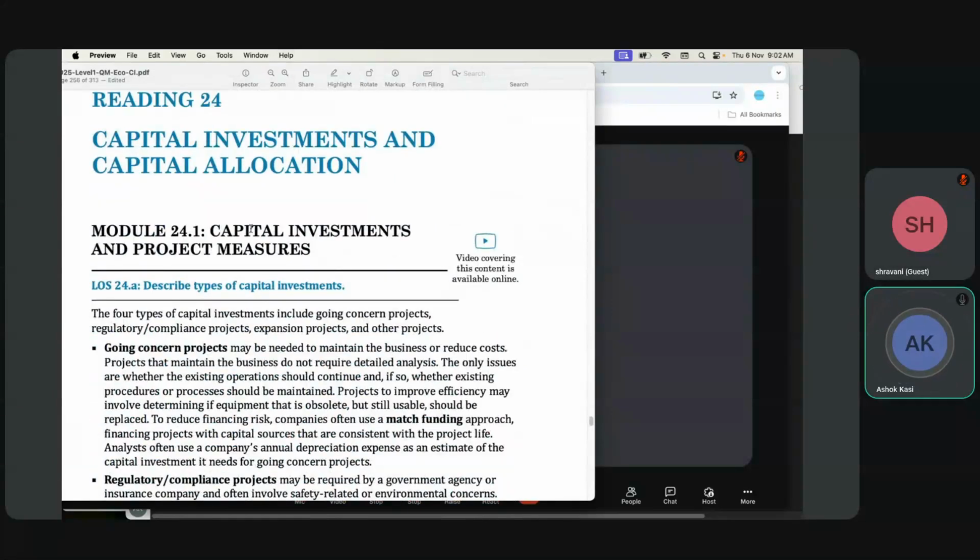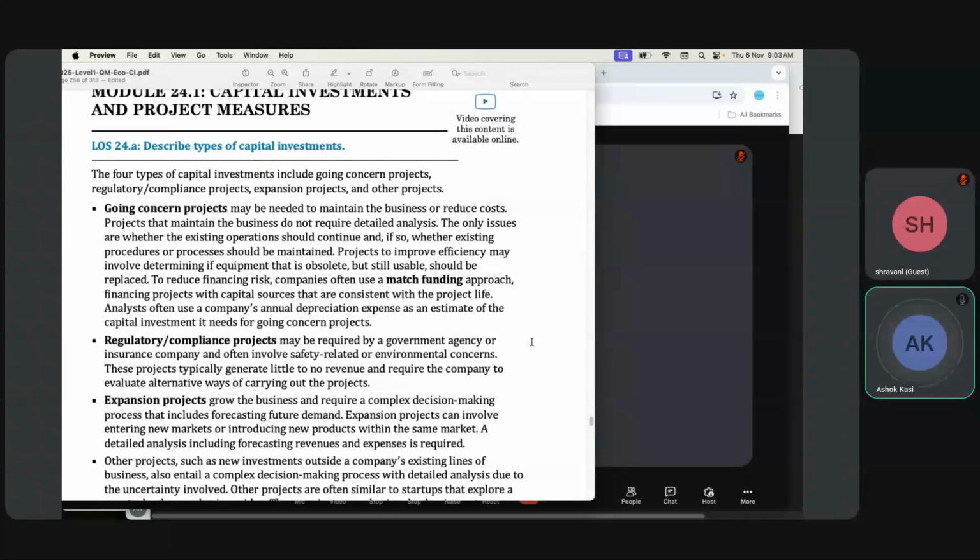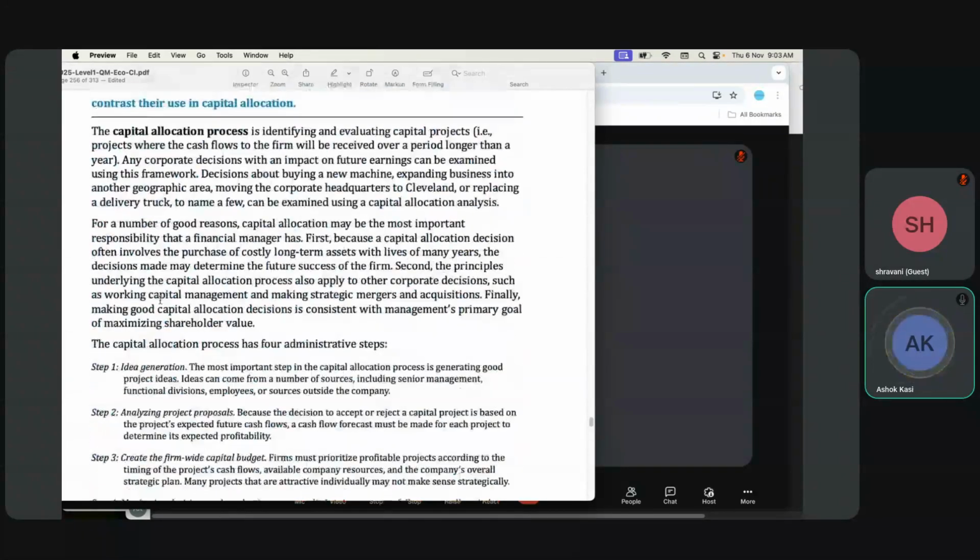Then capital investments and capital allocation. So here, capital allocation means where that capital has to be allocated.